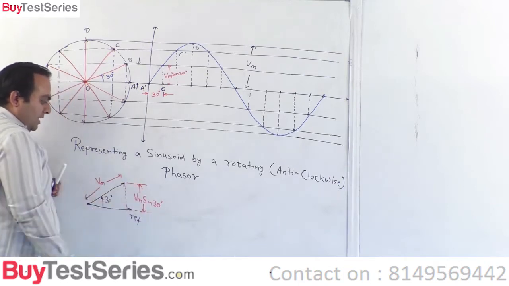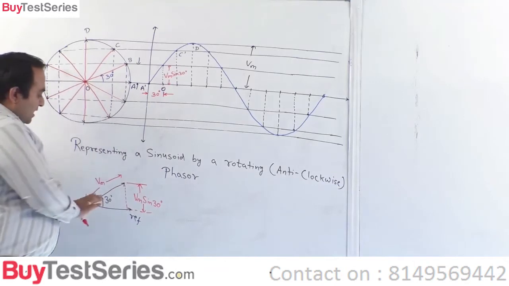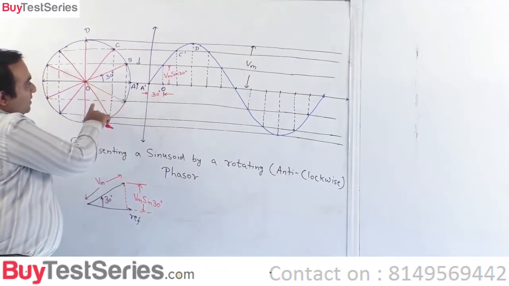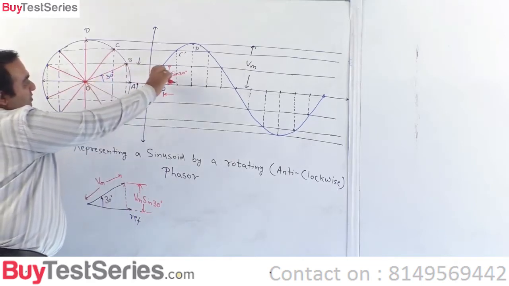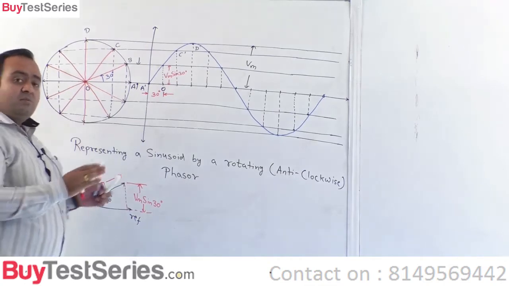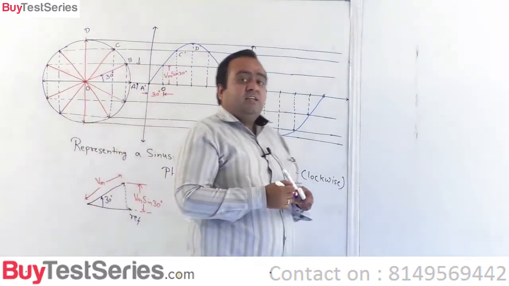So it is the vertical height Vm sine 30 degrees. So this Vm has a vertical projection. Similarly here, say this is Vm, so this has to be Vm sine 30 degrees. So the vertical projection of a phasor gives its instantaneous value.